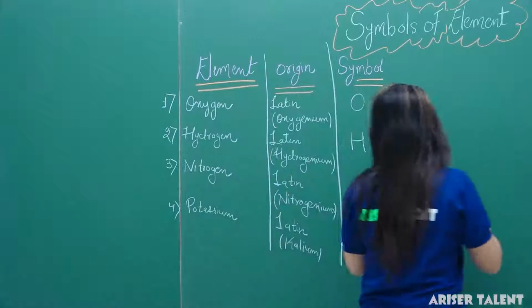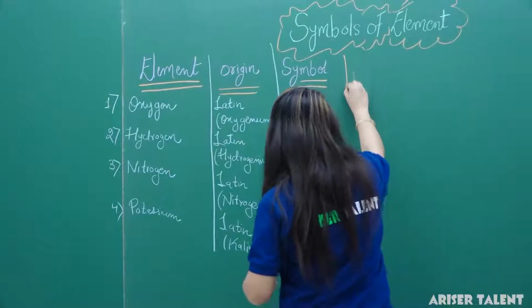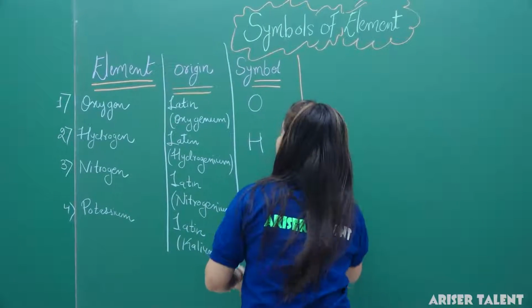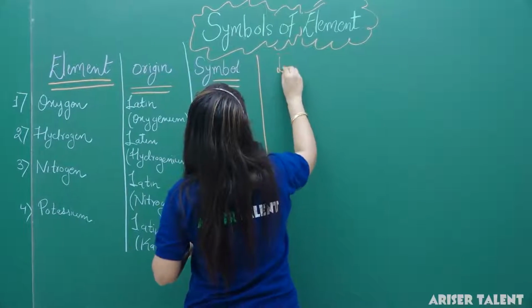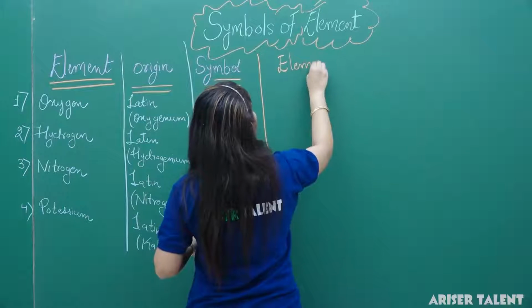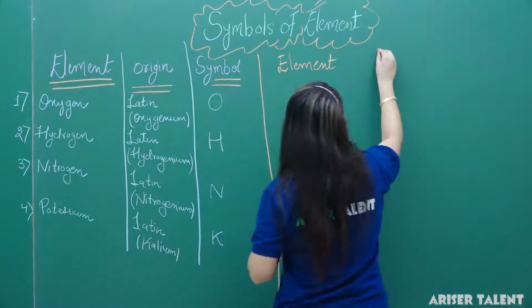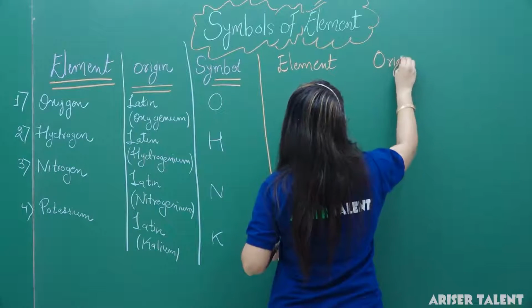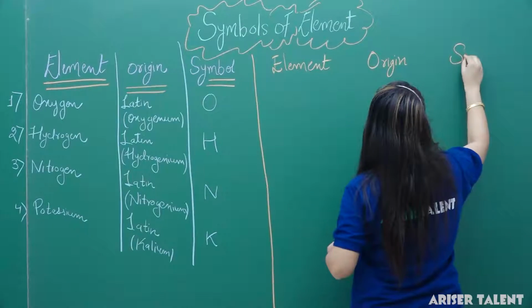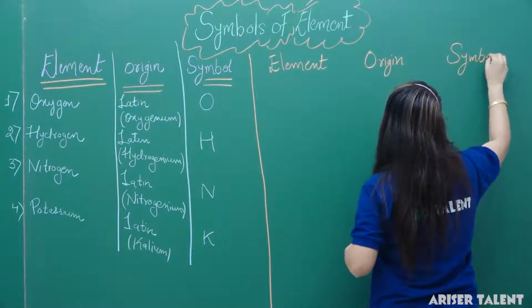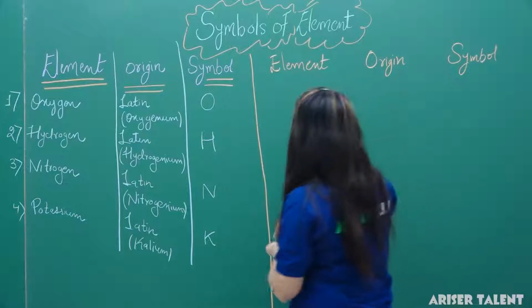Now again I am writing some of the elements over here. Again we have element, their origin, and again in the third category their symbolic representation.